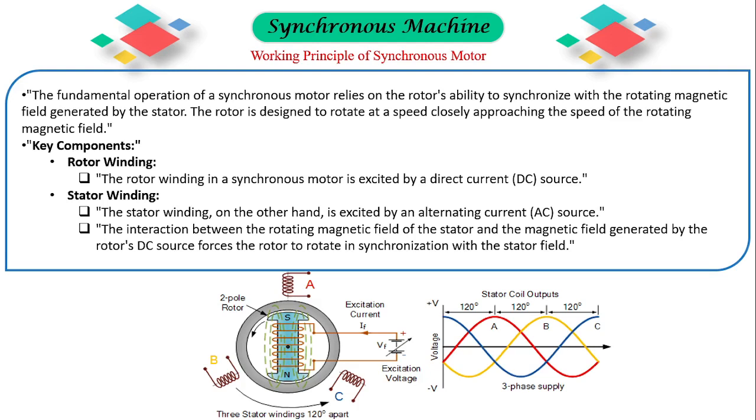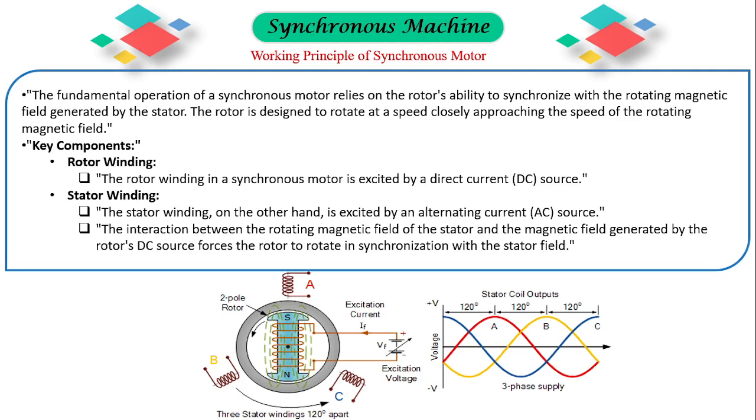Key components. Rotor winding. The rotor winding is excited by a direct current, DC, source, creating a magnetic field within the rotor. Stator winding. In contrast, the stator winding is excited by an alternating current, AC, source, generating a rotating magnetic field within the stator. The magic happens when these two magnetic fields interact.